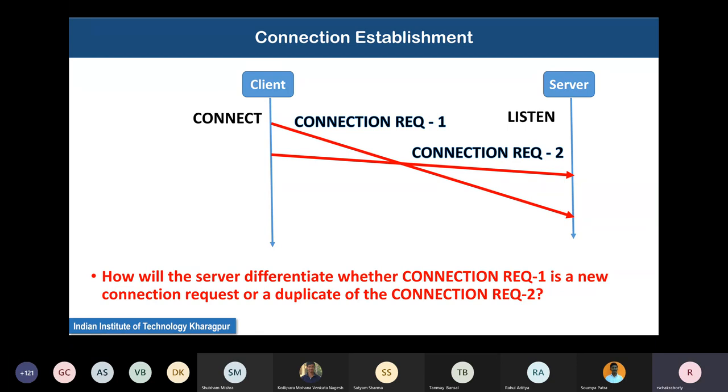Okay, so this is the fundamental problem. How will the server differentiate whether connection request 1 is a new connection request or a duplicate of connection request 2? This is called the delayed duplicate problem.